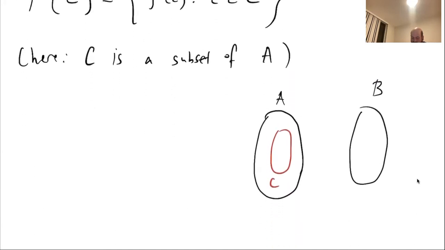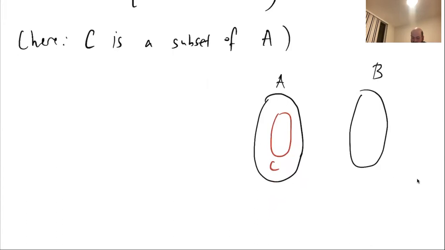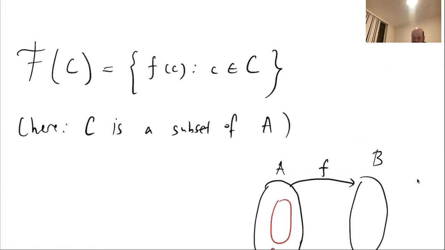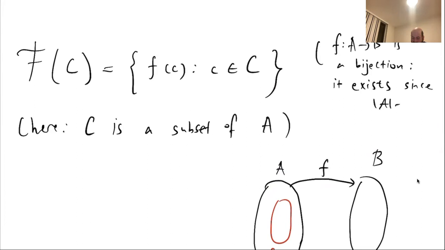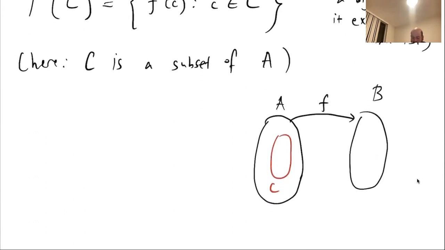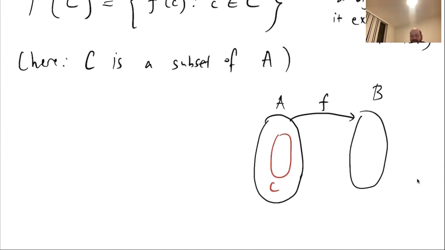And this one is a subset of A. Remember, we had a function f from A to B. This f here, f from A to B, is a bijection. It exists since cardinality A equals cardinality B by assumption. So we already know that we have a function f from A to B, which is a bijection.